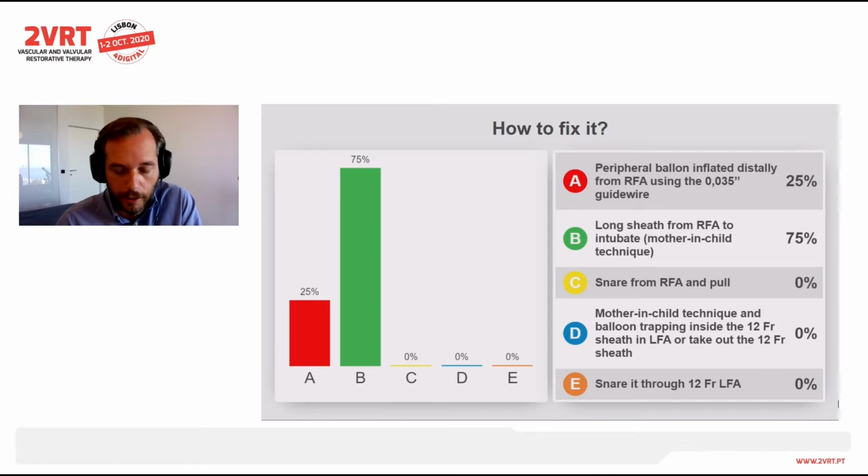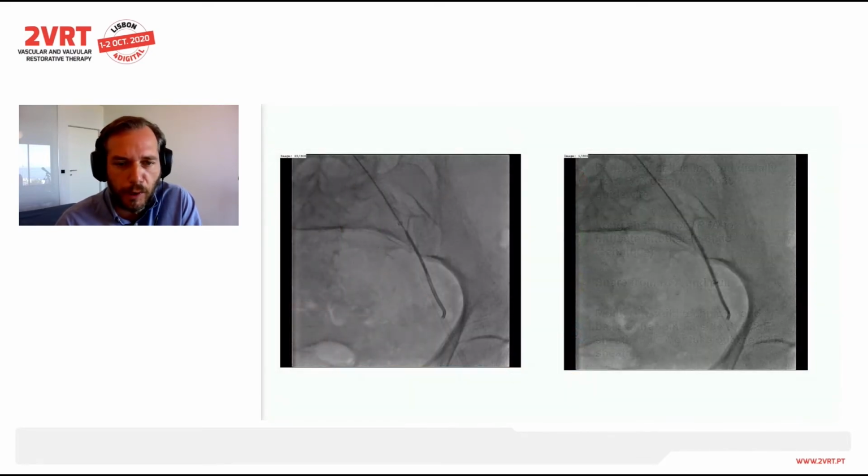As an interventional cardiologist, whenever we have a guide wire inside something that we lose inside, we never want to take the guide wire out. So we tried to manipulate the guide wire, and we put a long sheath through the right femoral artery and did a mother and child.